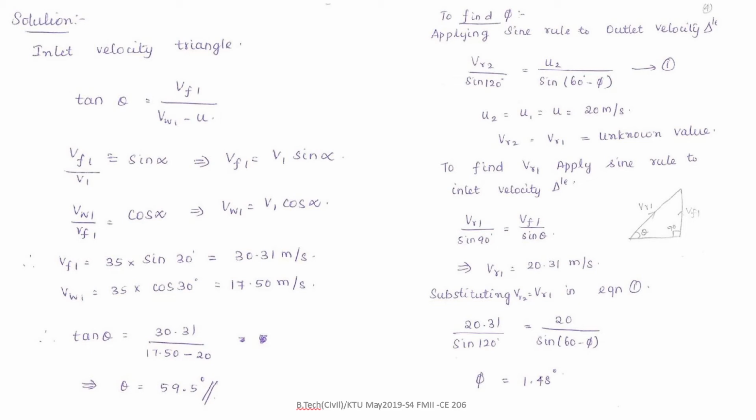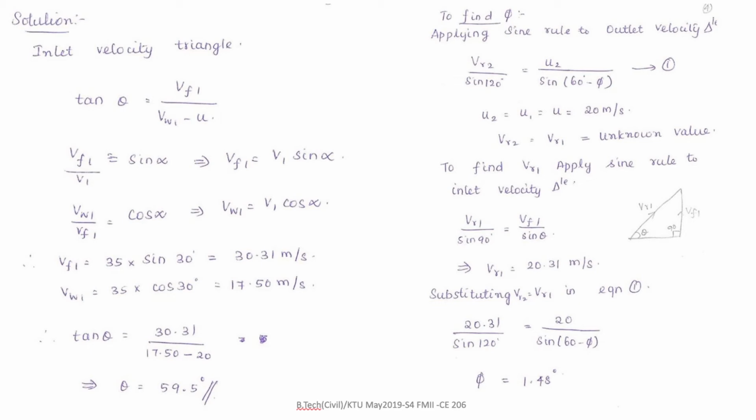But we don't know VR2, and VR1 also we don't know. So how to find VR2? In the outlet velocity triangle, we can't find VR2 because we don't know the other values. Only U2 is known. But we can find VR1 from the inlet velocity triangle.